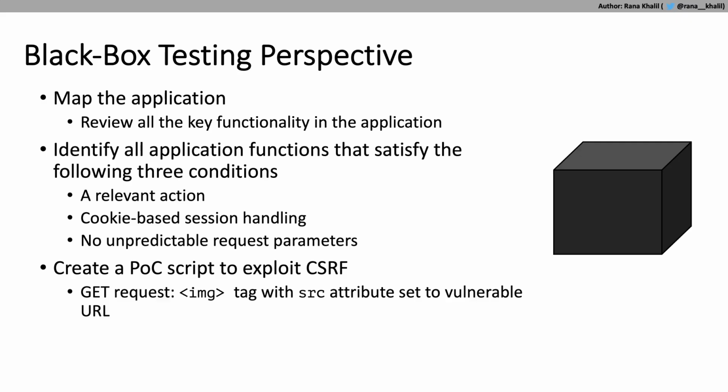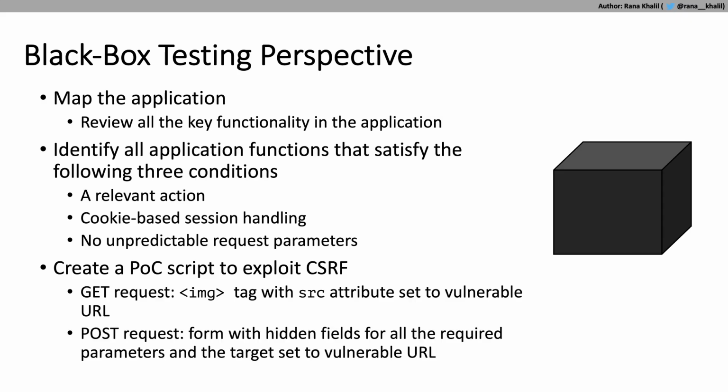All right, so when you're creating the POC script, you'll encounter one of two situations for the most part. One is the request being made using a GET request. In this scenario, you can exploit the CSRF vulnerability using an image tag where the vulnerable URL is in the SRC attribute of the image element. The second scenario is a POST request.